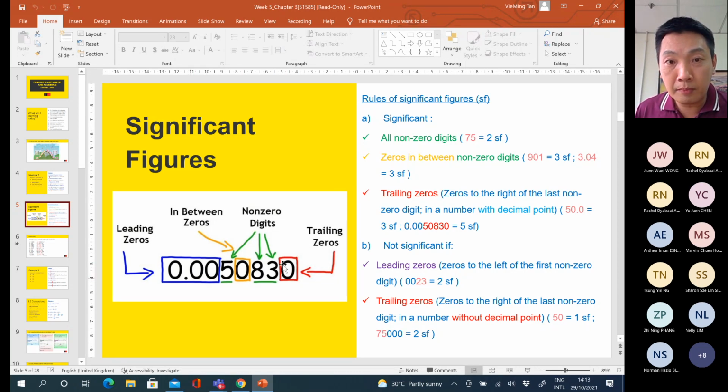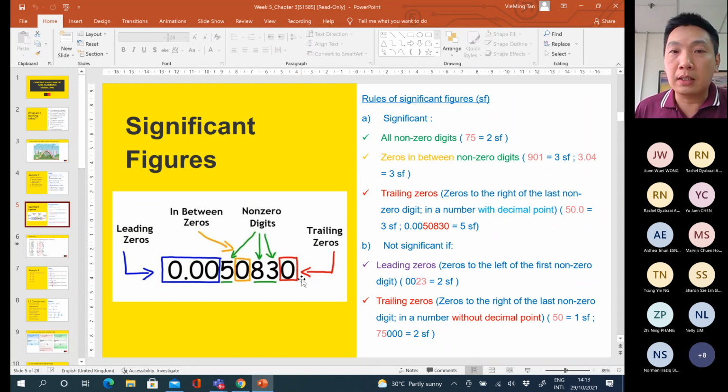This is the decimal point, and this 0 is on the right-hand side, and before this 0 there are non-zero digits also, which are 5, 8, and 3. As a result, this trailing 0 should also be included as a significant figure.